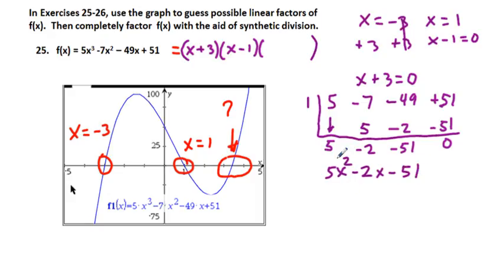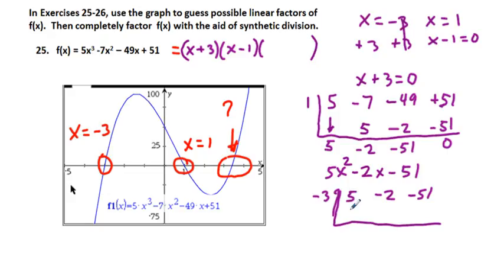And so we're going to take this second one and divide it by the factor of x plus 3. So to do that, we put negative 3 here, the value of the 0, and we're going to put 5x squared minus 2x minus 51.